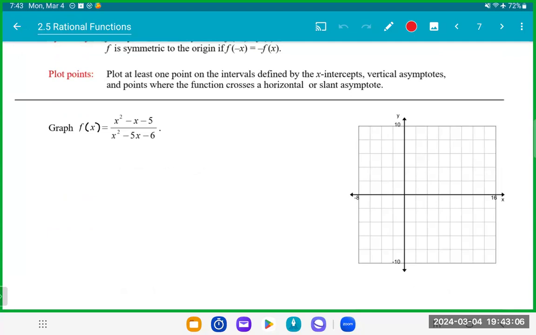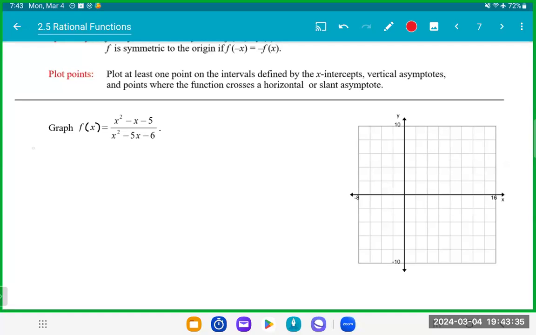Okay. So if I want to graph this problem here, let's go ahead and calculate our x and y intercepts, our asymptotes, and then see if there's any symmetry with it. And we may need to plot a couple of points, but we won't have to plot every number on this x-axis to get a good idea of what that graph looks like.